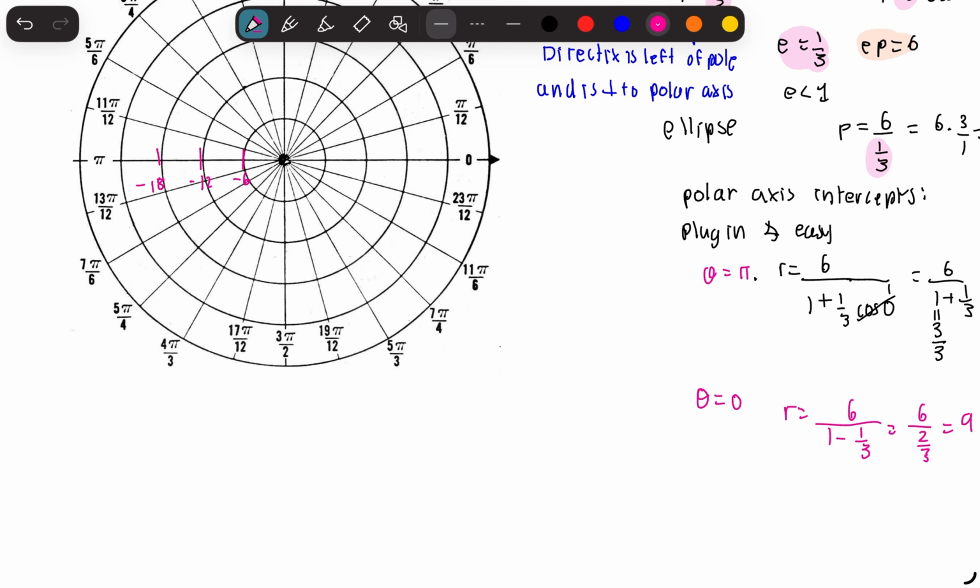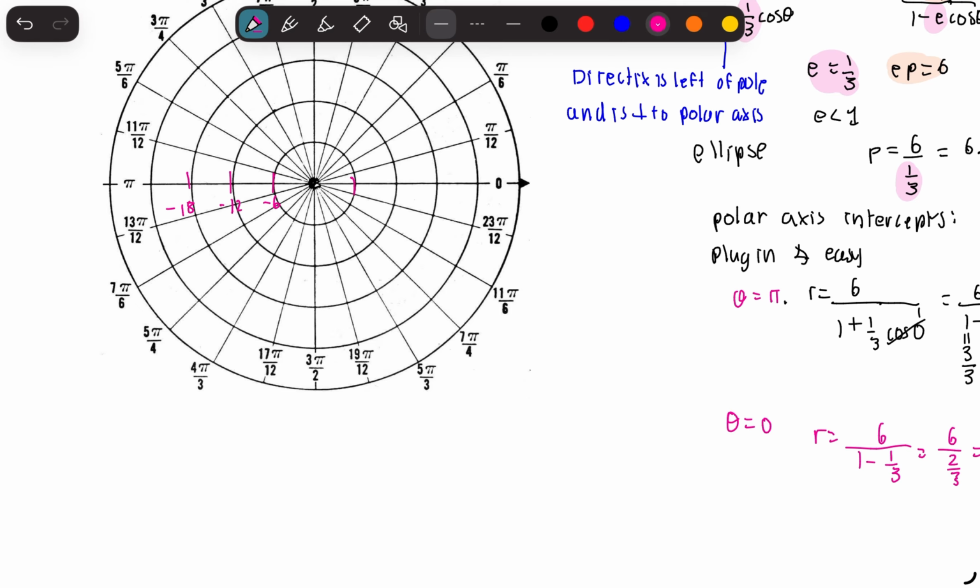So where would 9, 0 be? 9, 0 would be around here. And then 9 over 2, pi. So that's 4.5. 4.5 would be around here, and then up 3.14. That would be somewhere here.